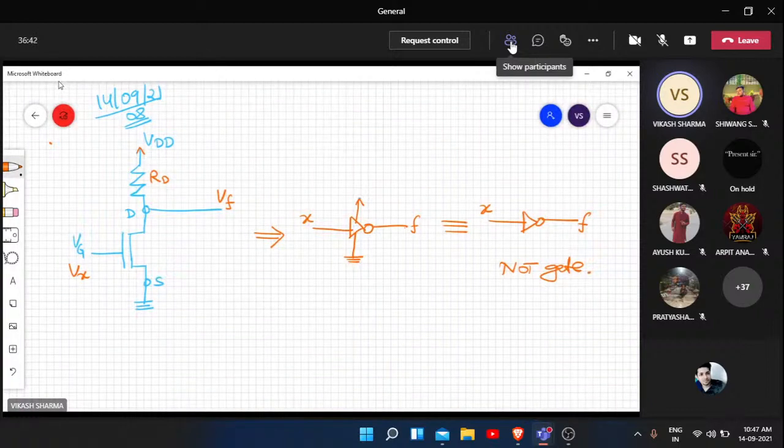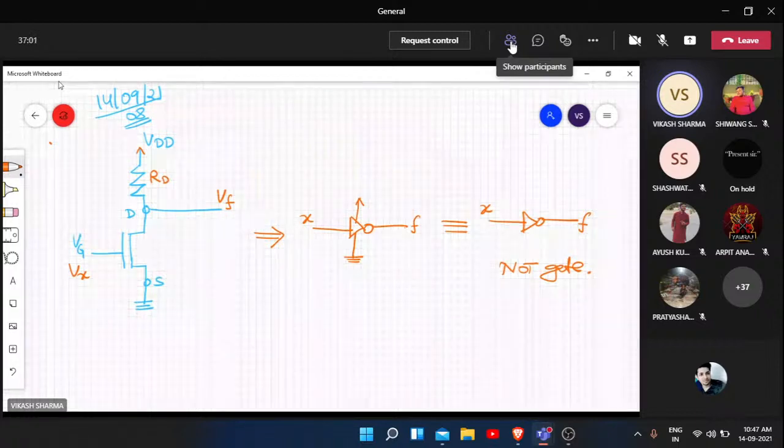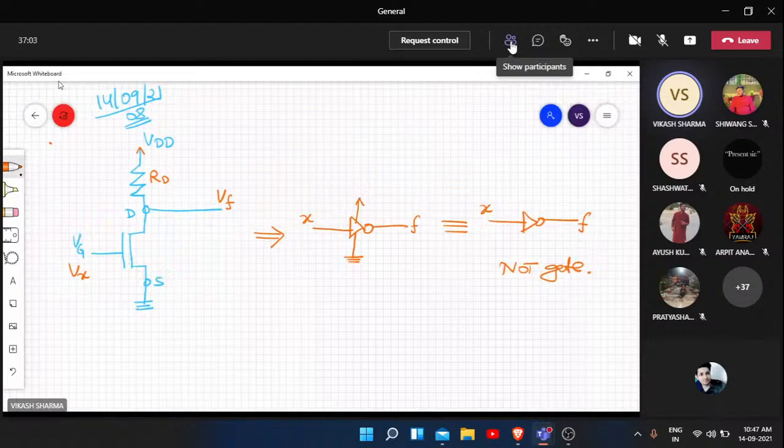There is a slight difference in the connections, otherwise it's okay. So we can now clearly see that if I am using a single piece of FET, I can use it as a NOT gate.